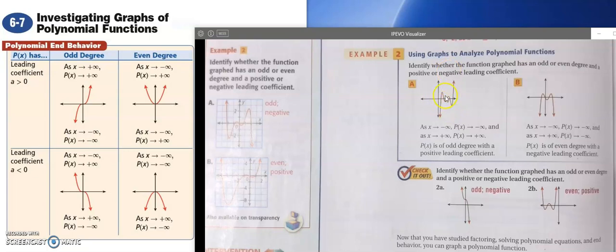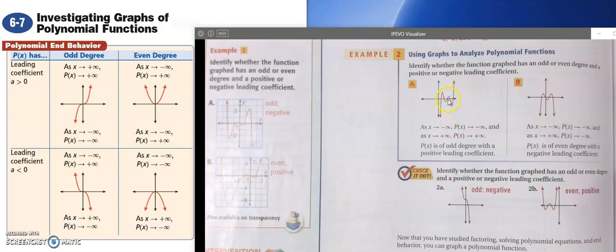As I approach positive infinity, what happens to my y? It increases here, even though we have all these dips at the end. So as x approaches positive infinity, p of x or y approaches positive infinity. See it? When I go to the right here, my arrow is pointing straight up.